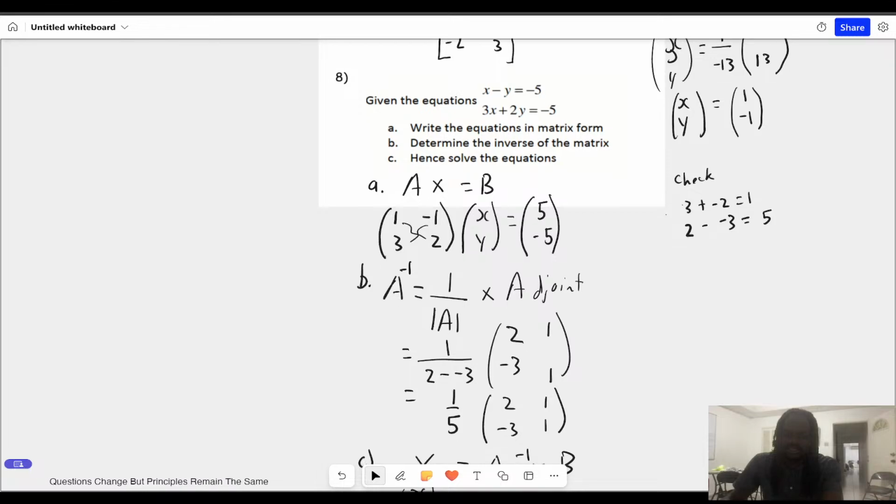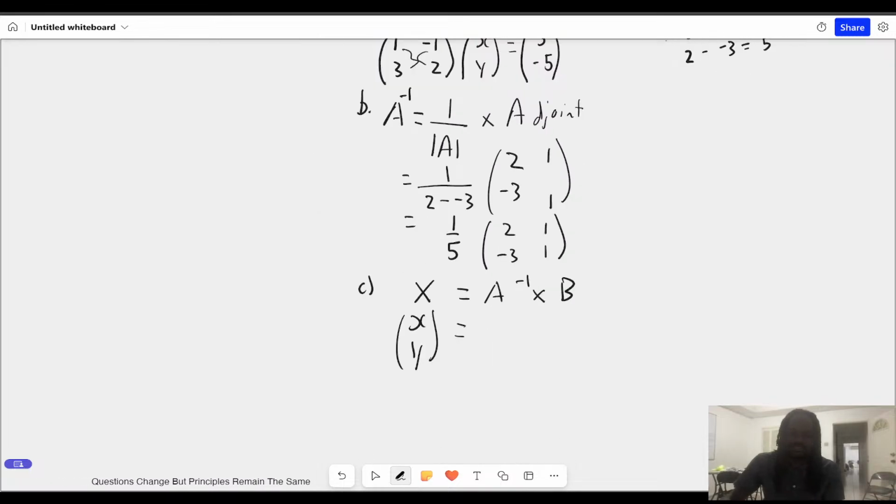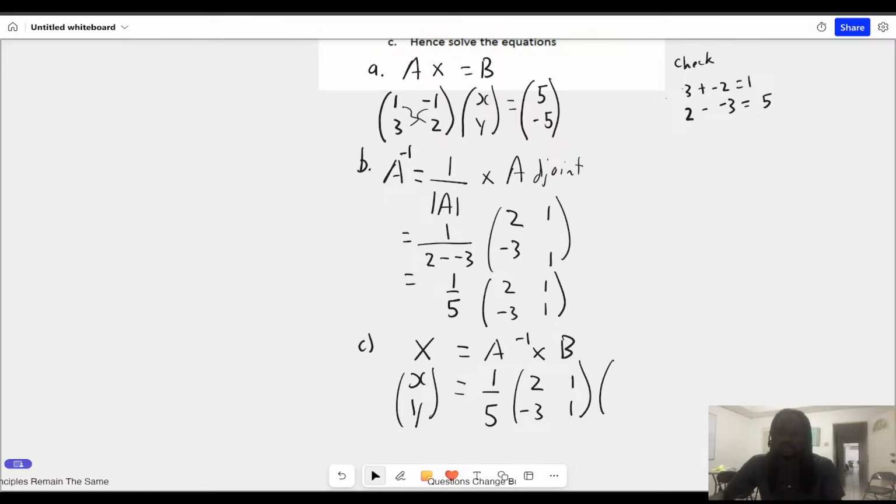Where's my A inverse again? A inverse is 1 over 5, it's already there, 2, 1, negative 3, 1. Then times B, 5 and negative 5.